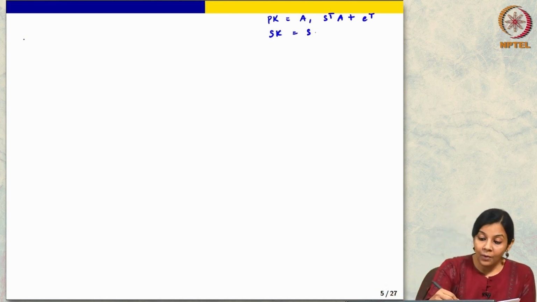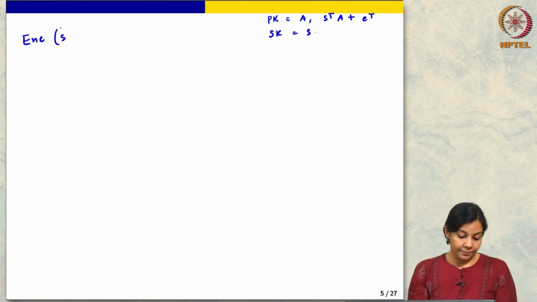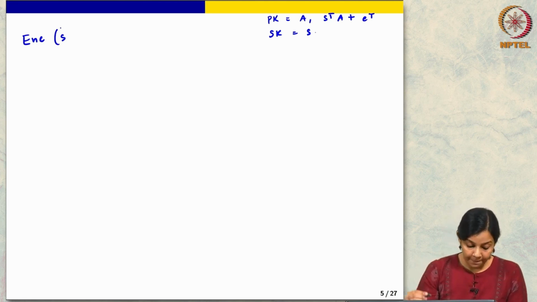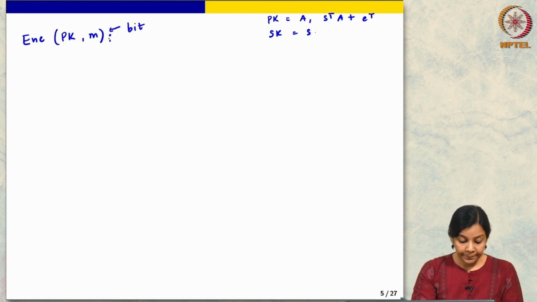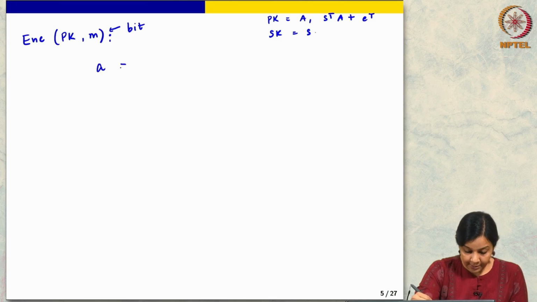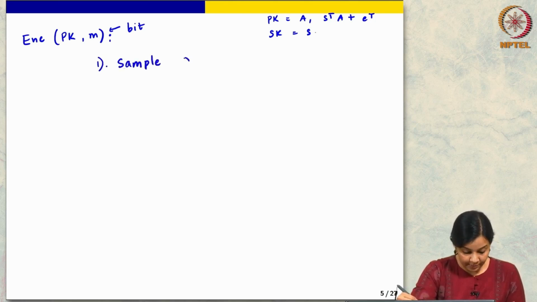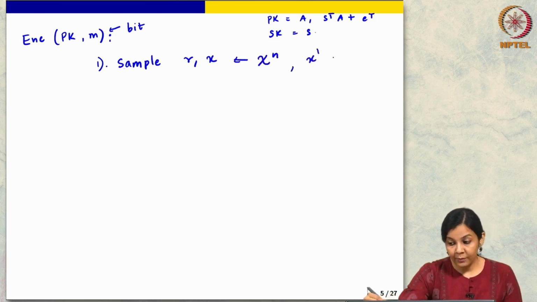Okay, so now I want to encrypt. This will take the public key and the message M. For now I am just going to think of M as a bit. So what will I do? Let me first sample R and X from chi to the n and also X prime from chi.